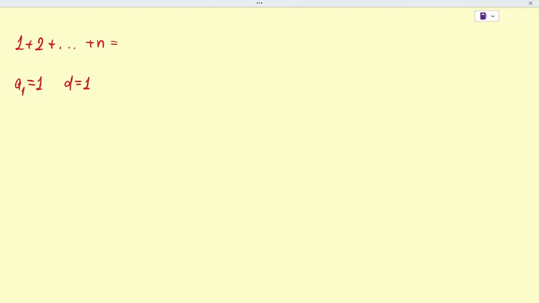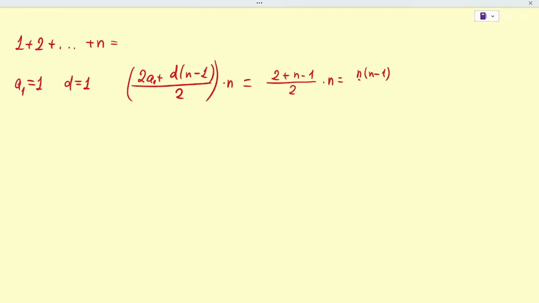So if we apply our formula, 2 times a1 plus d times n minus 1, over 2, multiplied by n, we will get 2 plus n minus 1 divided by 2 multiplied by n, which will be exactly n times n minus 1 over 2. So the answer to our question will be n times n minus 1 over 2.